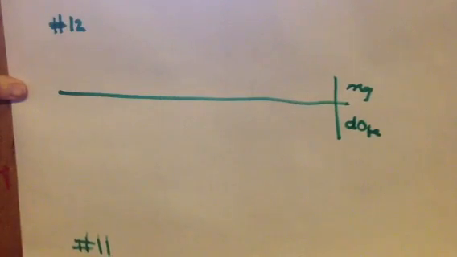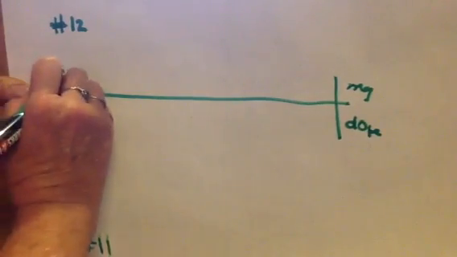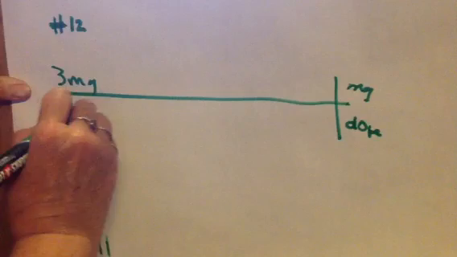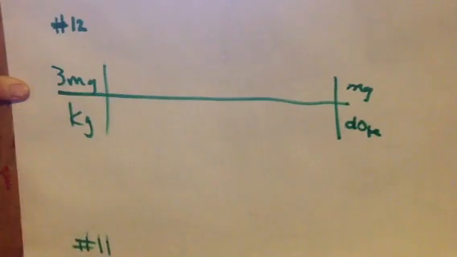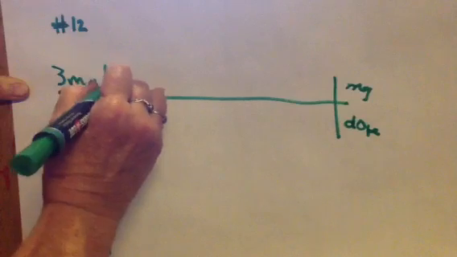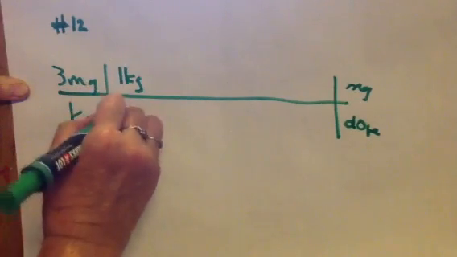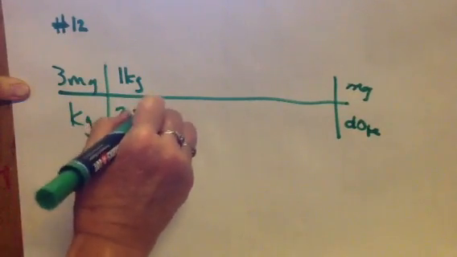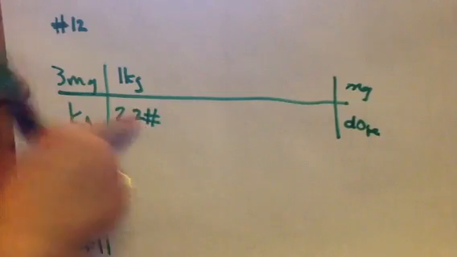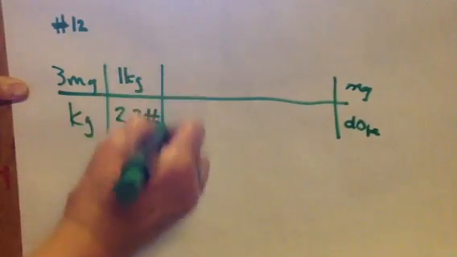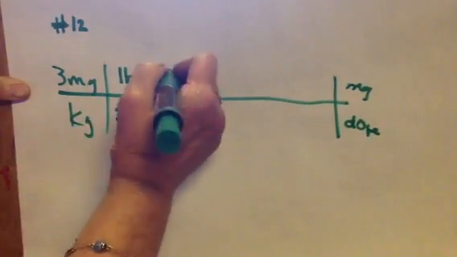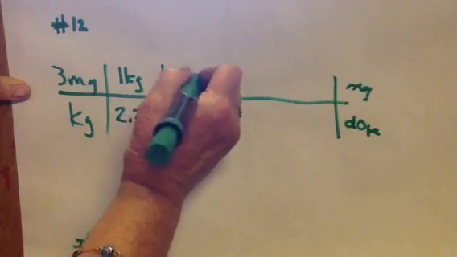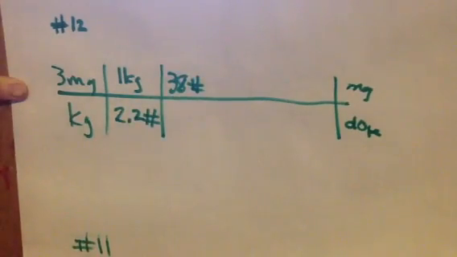So we know that we can give 3 milligrams for each kilogram that this child weighs. We have our weight in pounds, so we have to have a conversion in here. 1 kilogram is 2.2 pounds, and this is a pound sign, so we know that's 2.2 pounds. Our child weighs 38 pounds.